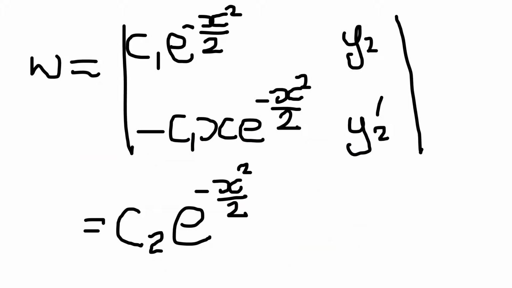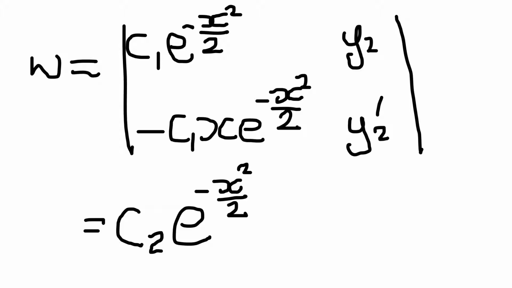So if we go ahead and substitute in our first solution, c1 e to the minus x squared over 2, we differentiate it to get minus c1 x e to the minus x squared over 2, but we leave the y2 and the y2 prime alone.